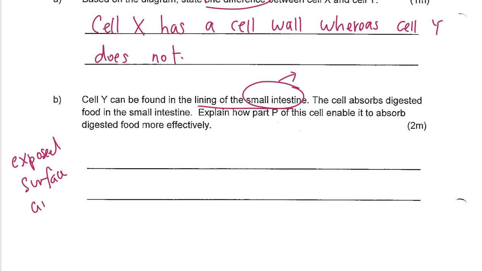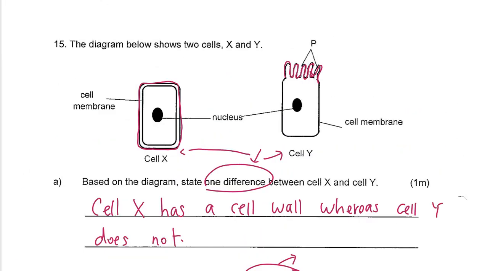Okay, now what I need you to do is to improve on the answer further. When you are talking about two things, if you look at the diagrams, there are cell X and cell Y, we are doing a comparison again. Alright, now again, when we talk about comparison, we want to use comparison words like more. We want to use words like greater. We want to use words like taller.